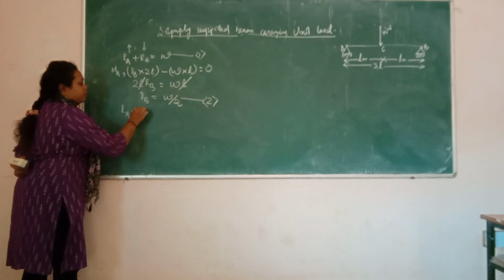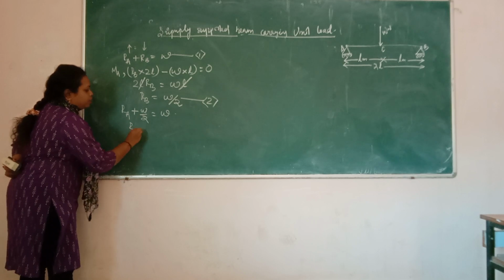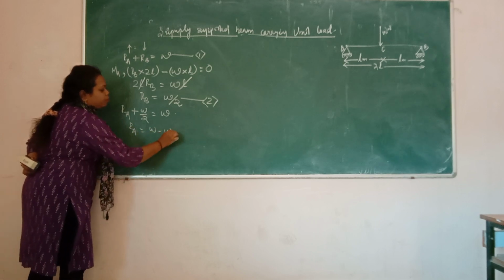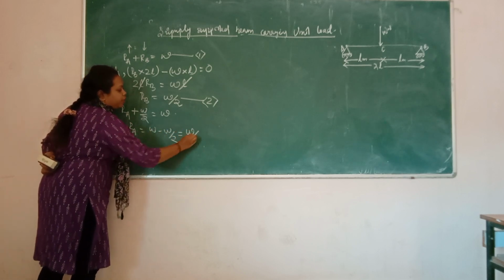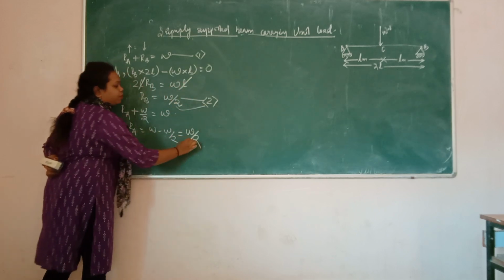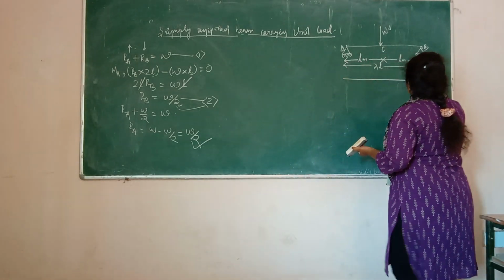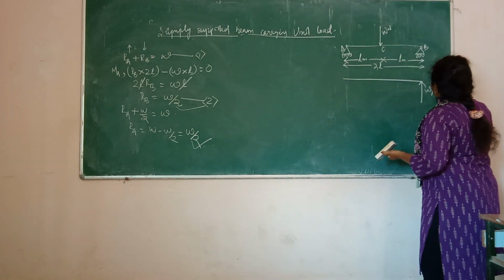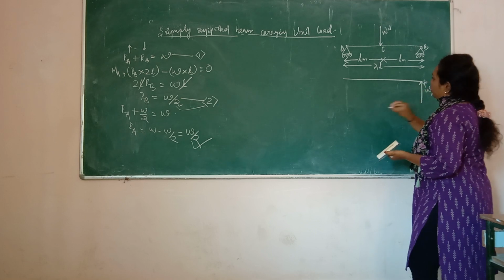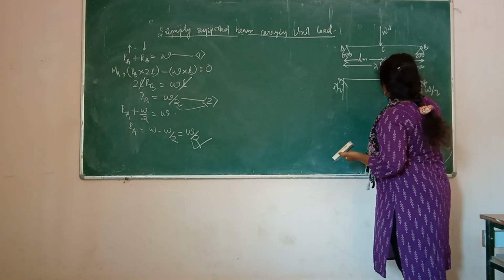RA plus W by 2 is equal to W. So RA is W minus W by 2, which is equal to W by 2. So the value of RB is W by 2 and the value of RA is also W by 2.